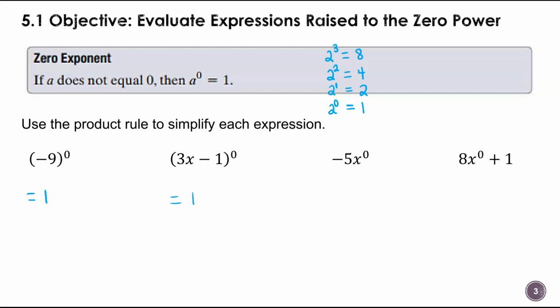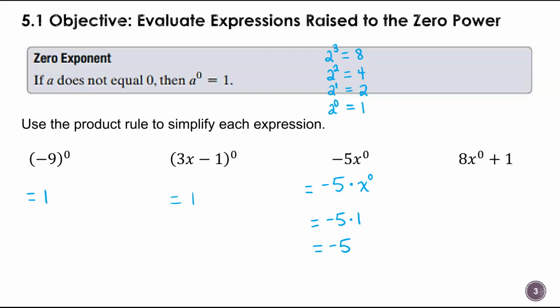Now the next one's a little different because this actually says -5 times x to the 0. So notice -5 is not to the 0 power, -5 is to the first power. And -5 times 1 is simply -5 because x to the 0 gives me this 1.